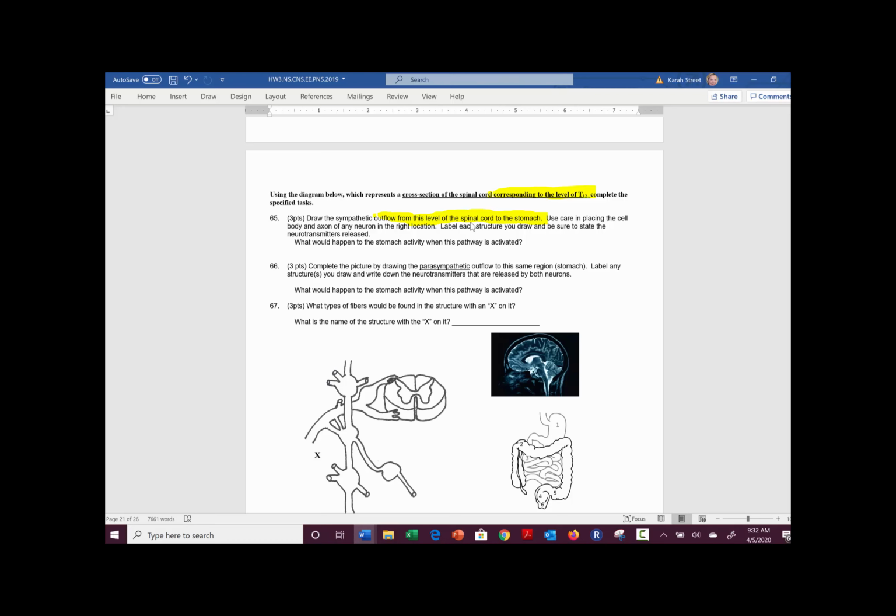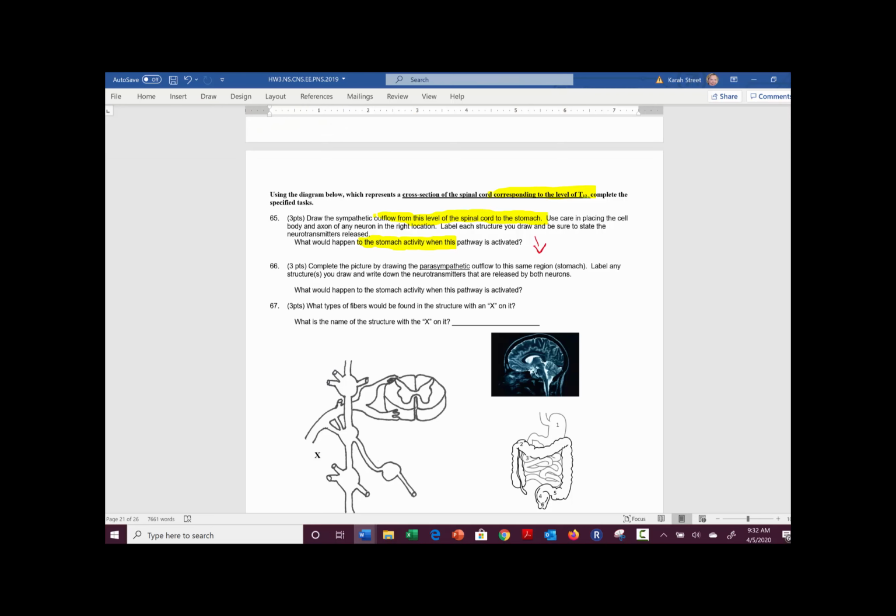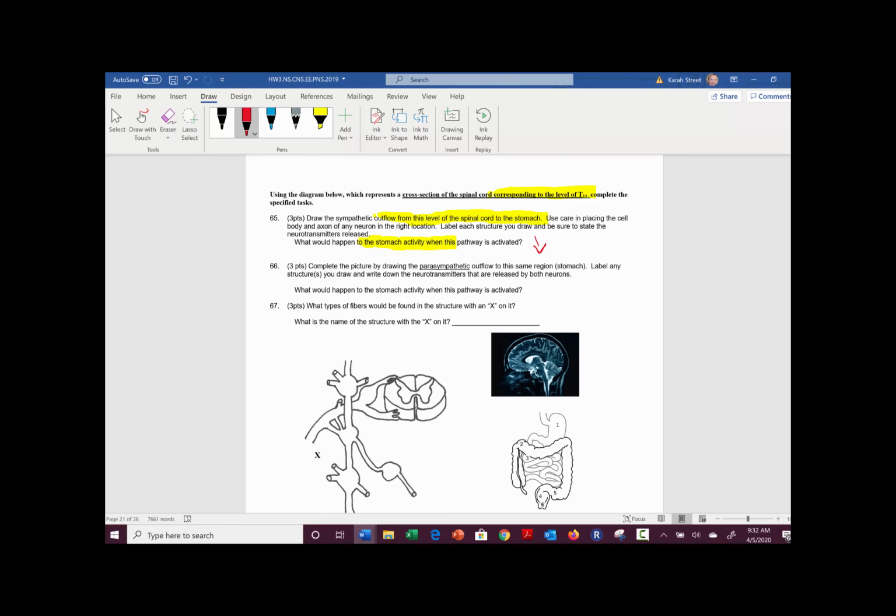And if we're using sympathetic outflow to target the stomach, we're going to decrease activity, right? If we're running for our life, we don't want to have digestive issues at that time. So we're below the diaphragm. That's important that you remember. We've got a below the diaphragm example here.